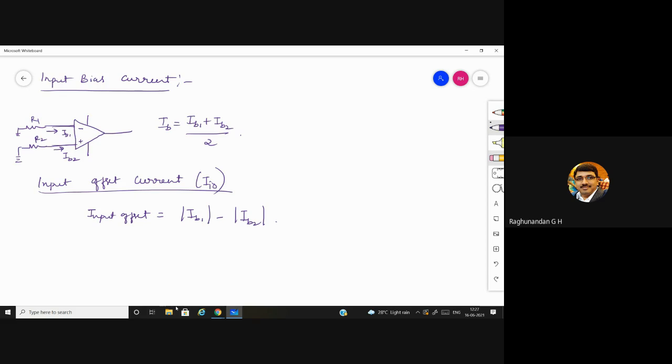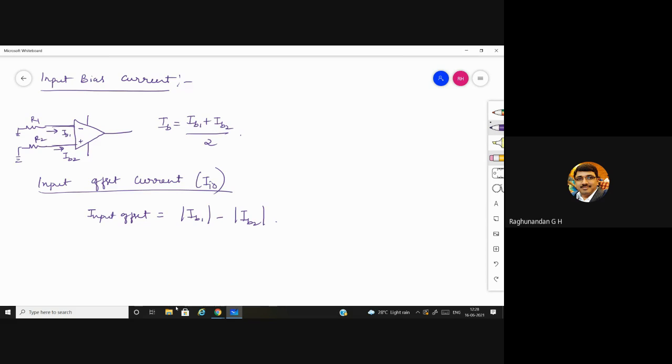This is defined as the difference in the magnitude of IB1 and IB2, called the input offset current. To find the bias current, we took the average, but this parameter is going to tell how much difference they are having.